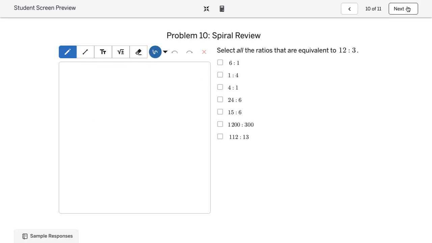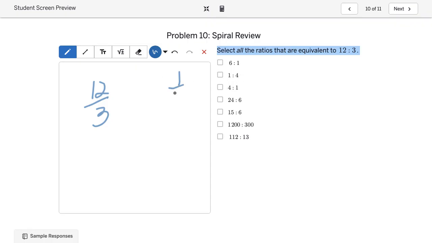Select all the ratios that are equivalent to 12 over 3. Right? So 12 over 3 is the same thing as 4. So let's keep that in mind. Is 12 over 3 the same as 6 over 1? Let's do it the quick way. 12 over 3, the ratio, simplifies to 4. Does 6 over 1 simplify to 4?